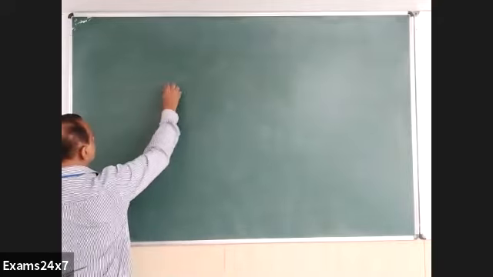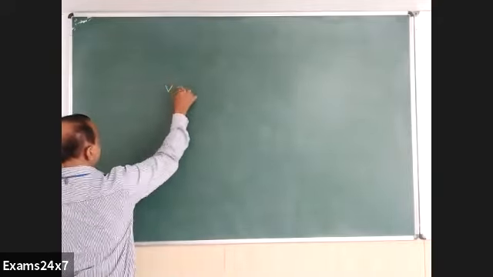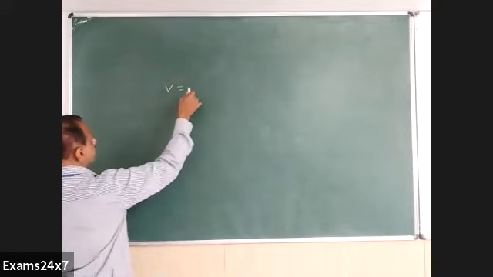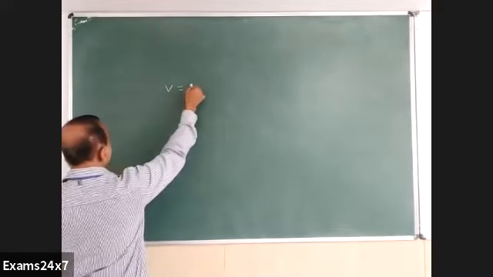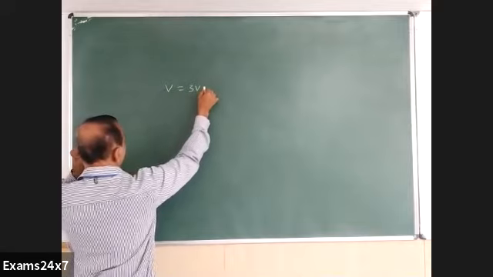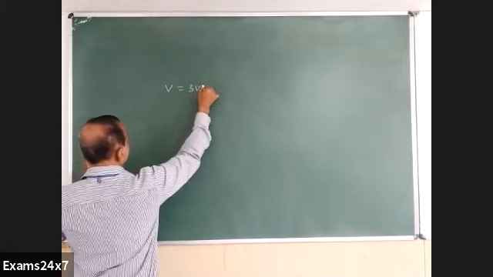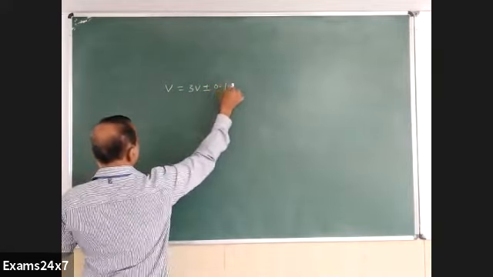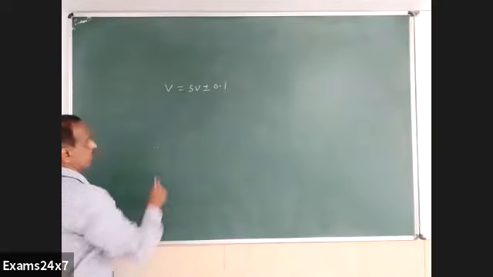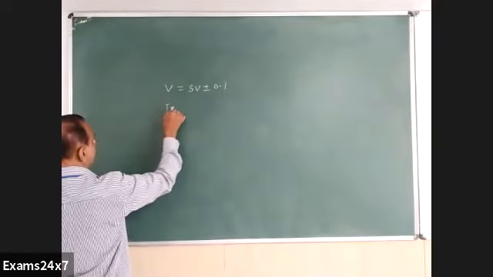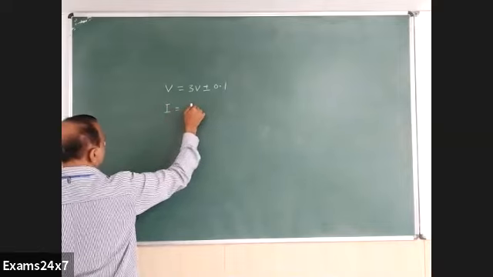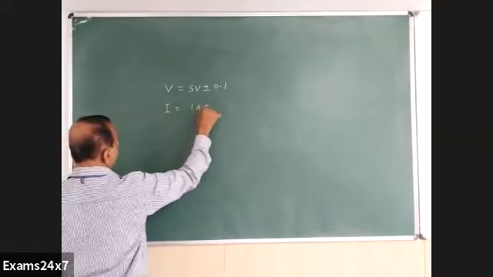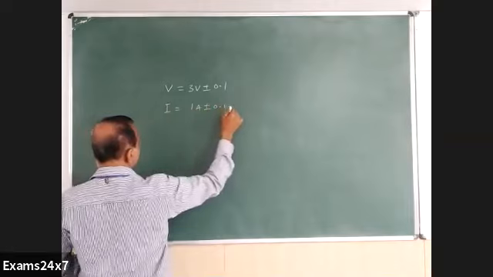Like voltage in a circuit or potential difference given as 3 volt plus or minus 0.1, current given as say 1 ampere plus or minus 0.1.